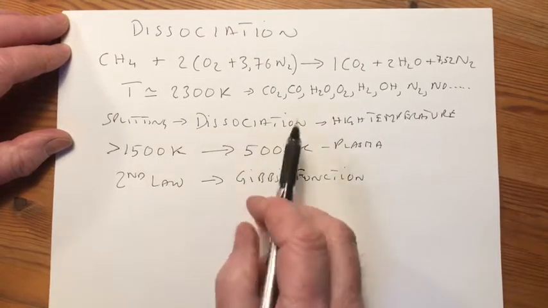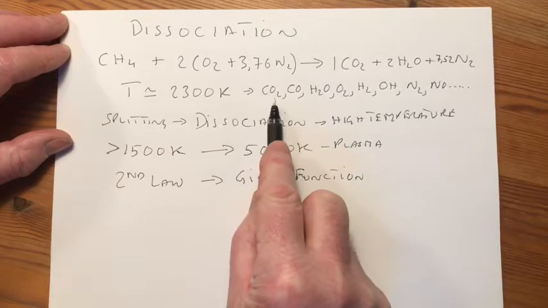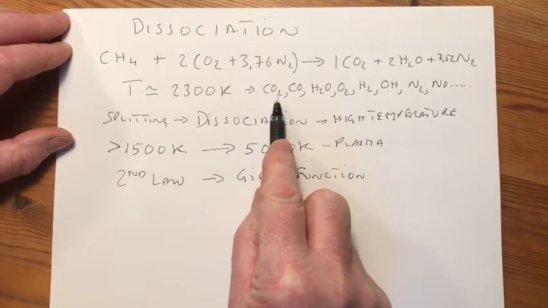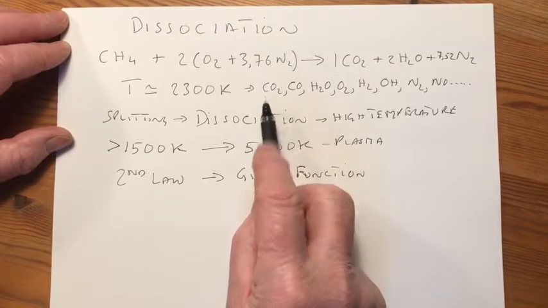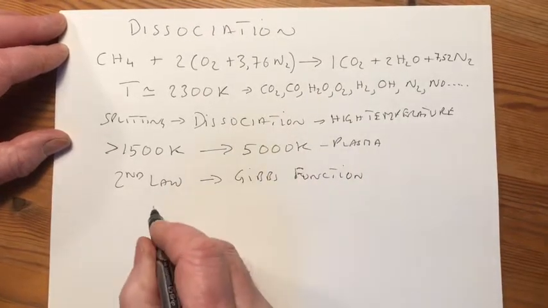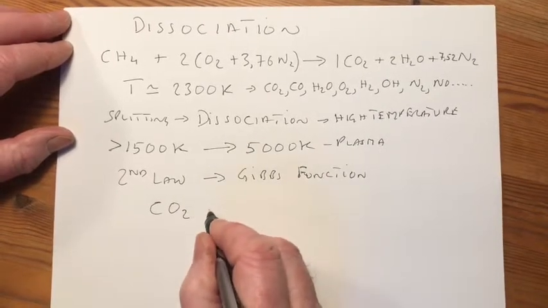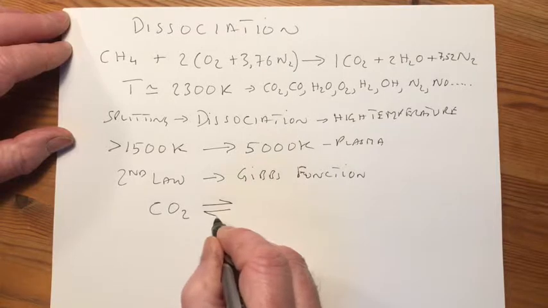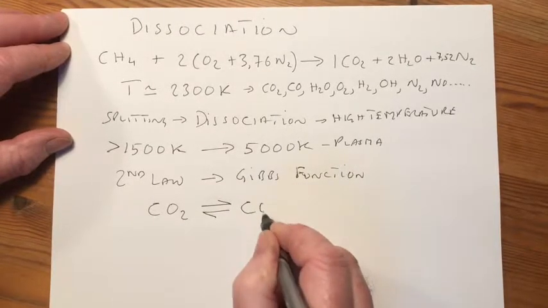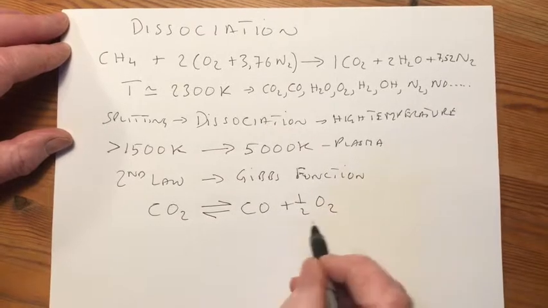So what happens at this 2300 is that the first molecule, if you like, to put it simply, the first molecule that splits is CO2. Now CO2 will split into CO plus 1/2 O2.